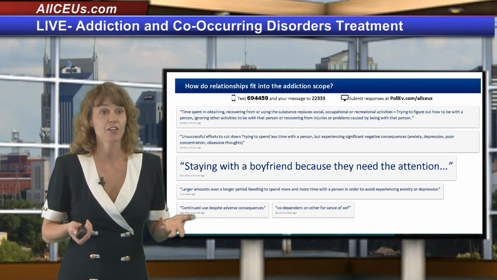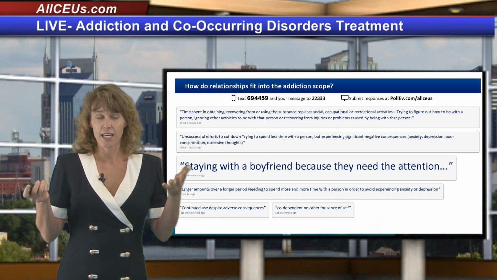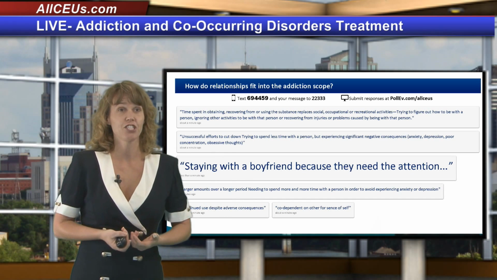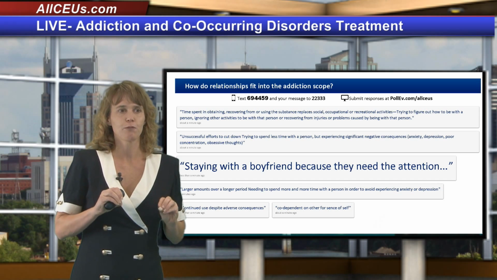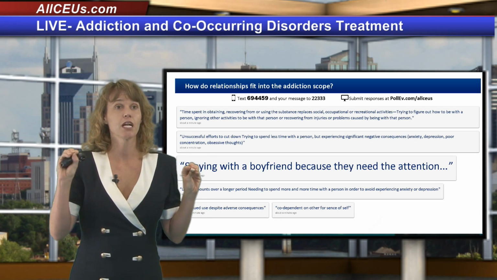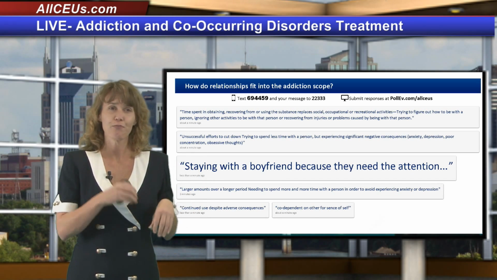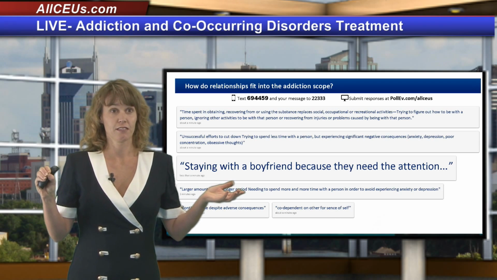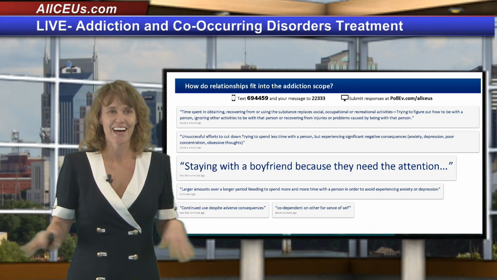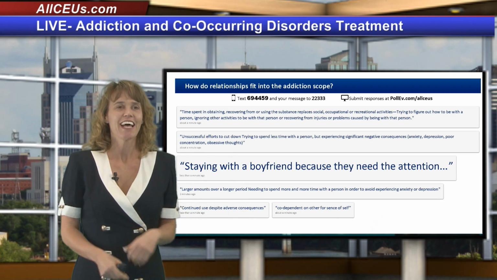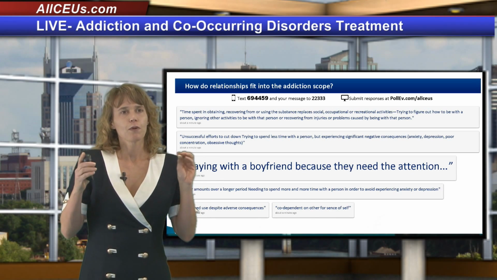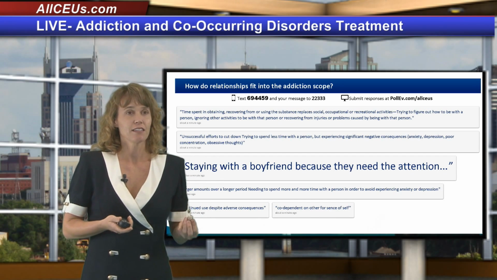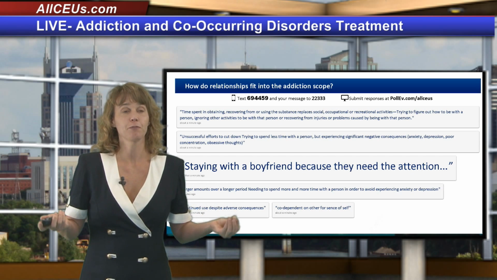Staying with a significant other because they, and I'm assuming you mean the person, needs attention. One of the things we talk about in early recovery is the difference between being lonely and being alone. You can be alone and not be lonely. When I go home, I have all my little four-legged critters, and I am happy as a clam. When people are lonely, they can be lonely in a room full of 50 people.